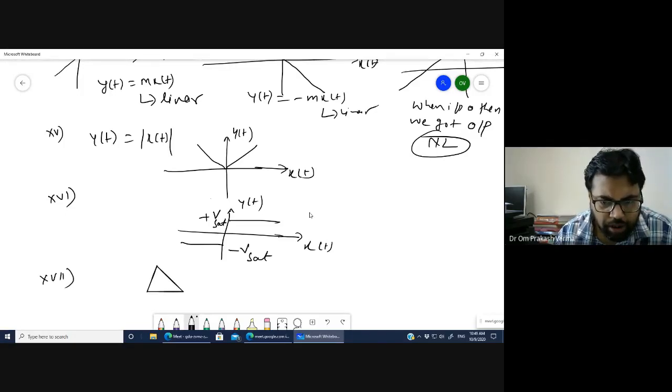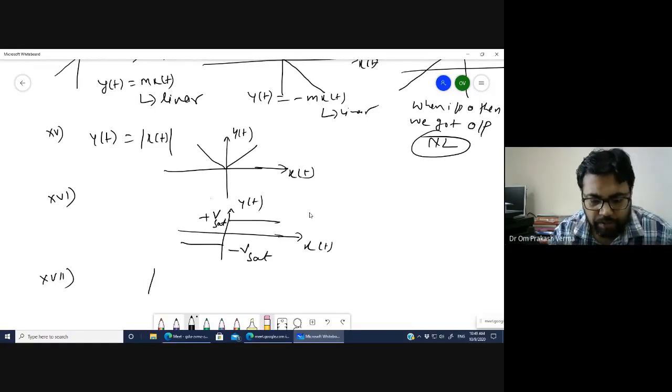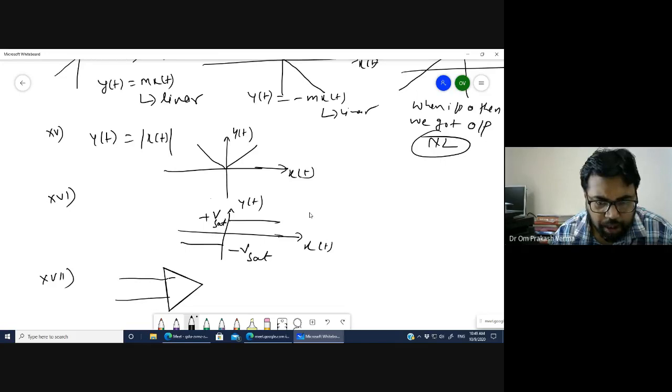And the next last problem of this series is the amplifier. So this is the plus and minus, right? Let's say you are providing xt, this is the yt, this is the ground.